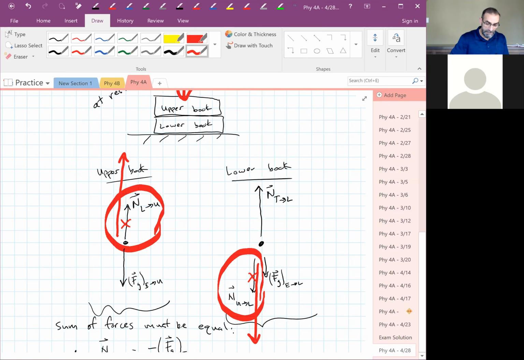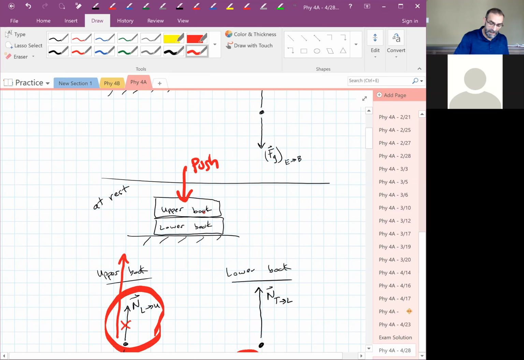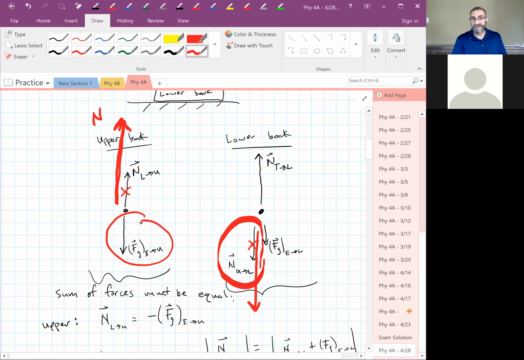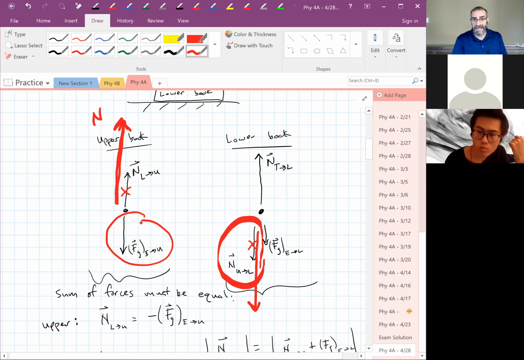But what happens if we push down on that upper book? This force now is bigger. The normal force just got much bigger, but what happened to the force of gravity pulling down? It stayed exactly the same, right? We didn't change the force of gravity acting on the book.